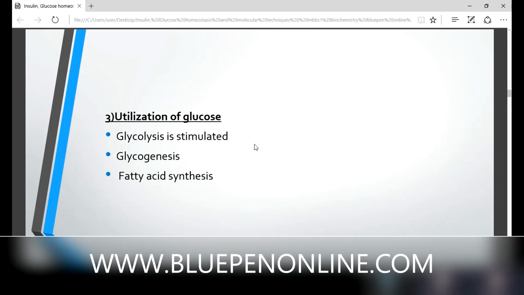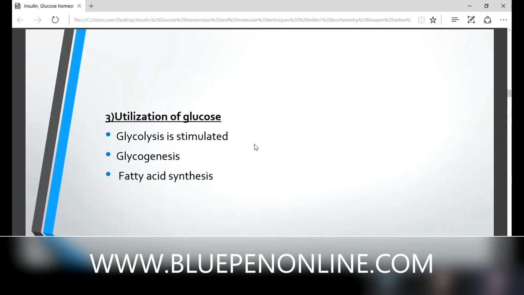So glycolysis is the formation of energy from glucose. Glucose can be converted to pyruvate in aerobic condition and to lactate in anaerobic condition. Then what is meant by glycogenesis? Genesis means synthesis.